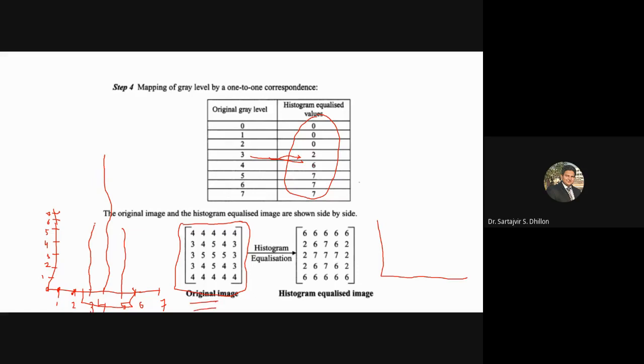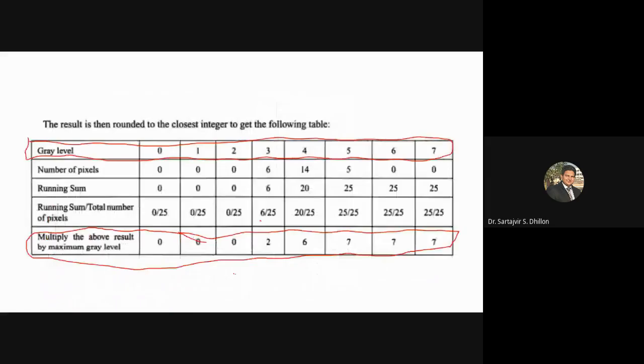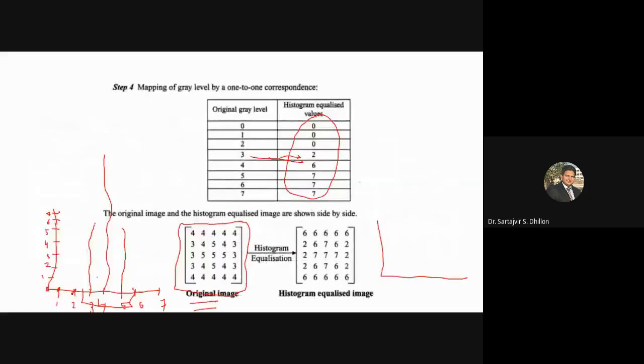And what can you say, is it a light histogram, dark histogram, or a low contrast histogram? Definitely, if you compare with what I have shown you in a previous presentation, it is a low contrast image. And once you have equalized that image, you will get the following.